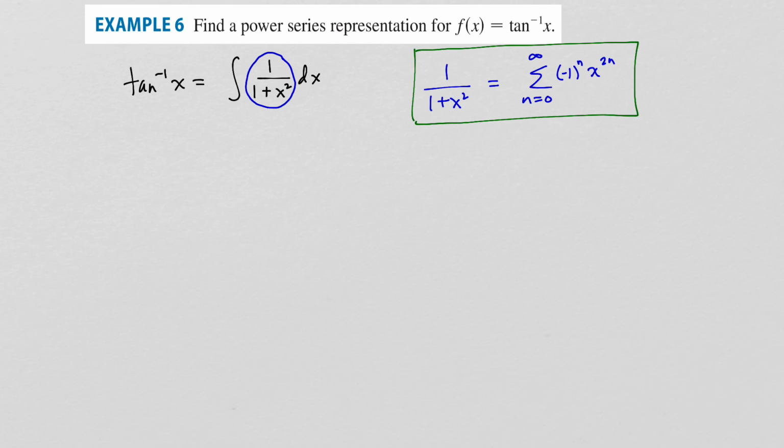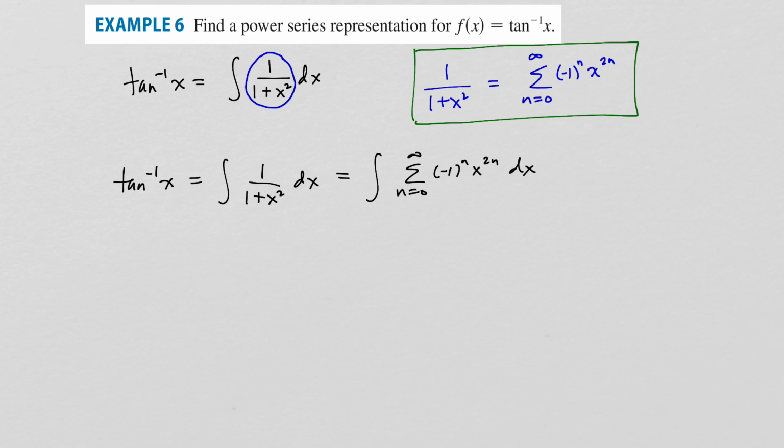And so inverse tangent of x is equal to the antiderivative of 1 over 1 plus x squared, and that is going to equal the antiderivative of the power series that represents 1 over 1 plus x squared, which is this power series here. And then we know that we can bring that integral inside of the power series to act upon x to the 2n.